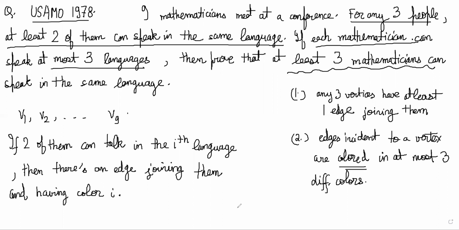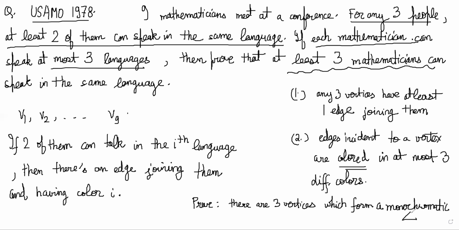What we have to prove is there are three vertices in the graph, any two of which form a monochromatic triangle. What does that mean?